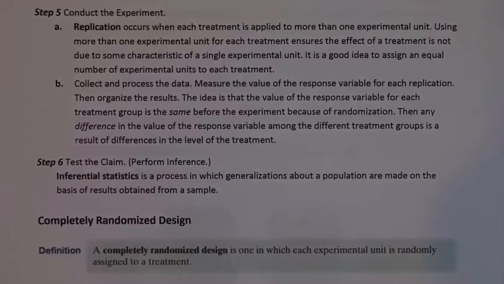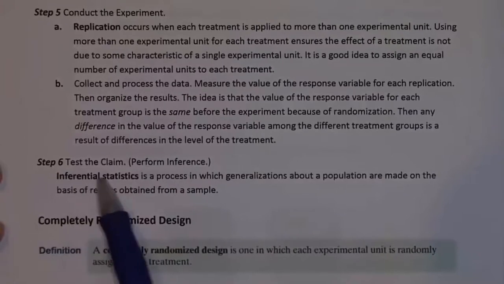So when we start with the 4 groups in my example, those 4 groups are equal, so to speak, in terms of all of the explanatory variables. So the only difference is going to be the level of medication they're receiving. So if we find out that there is a difference in the severity of their migraines over the time of our study, then the medication would be what we think is causing the differences in the severity of migraines.